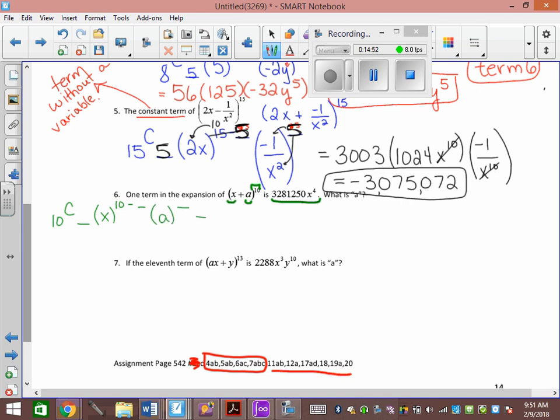But it equals 3,281,250 x to the 4. So that term gives me a hint, right? The hint is it has an x to the 4. So I know on the left I have to have it x to the 4. So what's my blank going to have to be? 6.